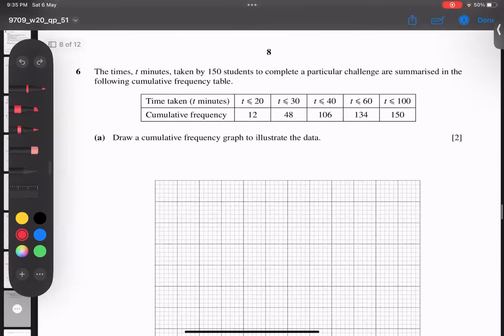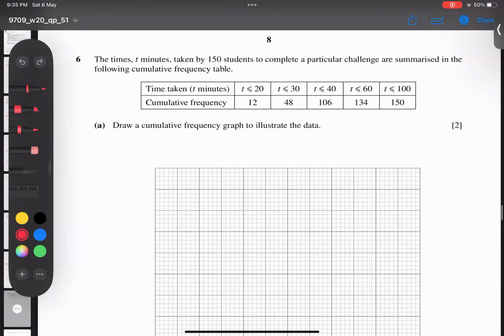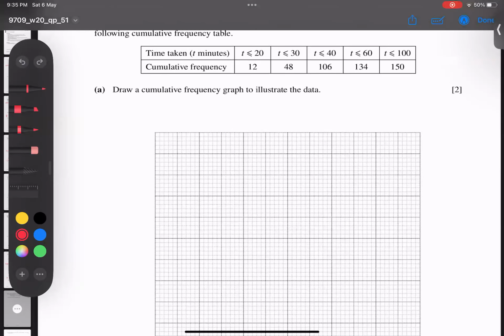So question number 6. We have the time in minutes taken by 150 students to complete a particular challenge, summarized in the following cumulative frequency table. So the time taken is given here, and the table is already mentioned. So let's see how we can do it.